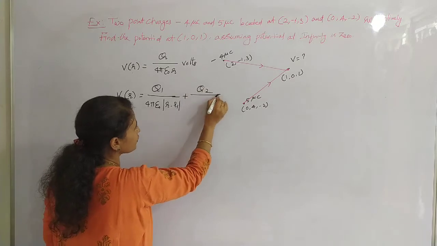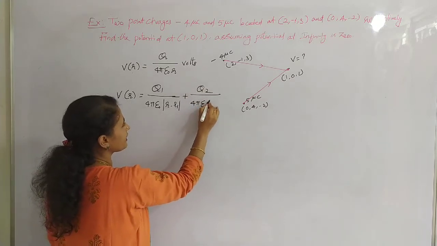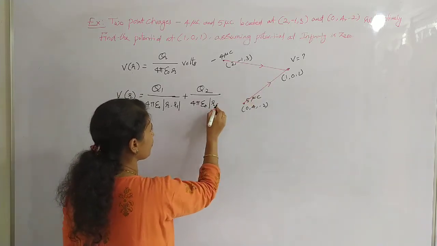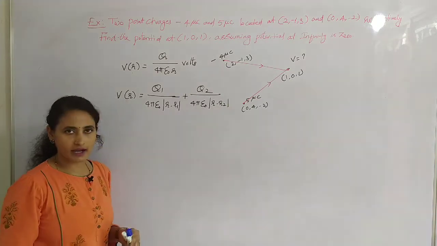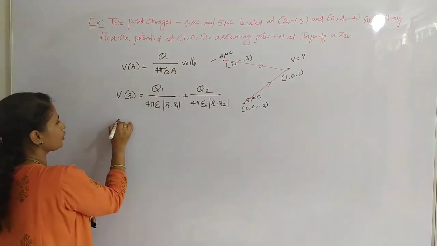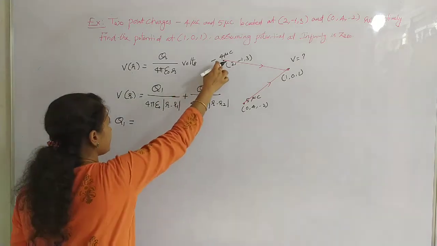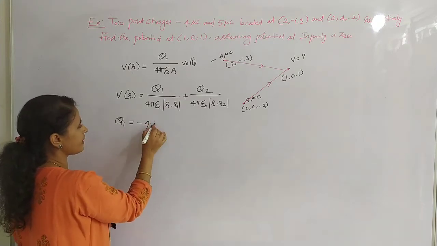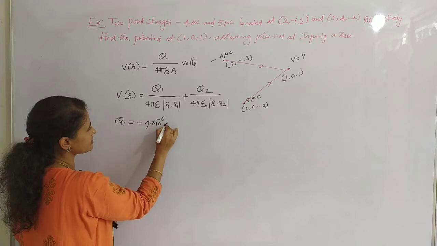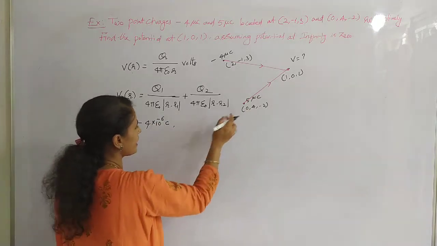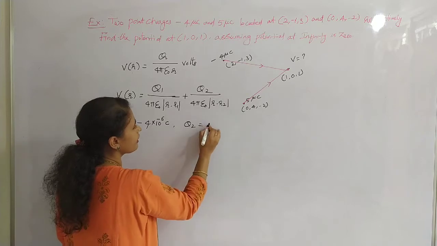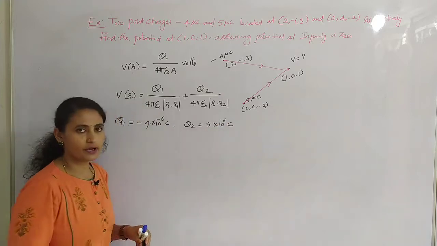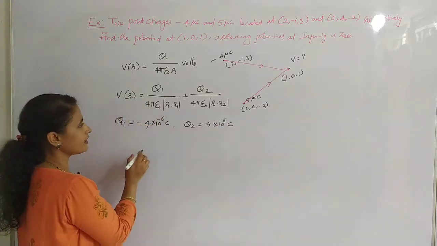The second charge Q2 by 4 pi epsilon naught, with the magnitude of the difference of distance between these two points being r minus r2. We know that Q1 is -4 into 10 raised to -6 coulombs, and the second charge Q2 is 5 into 10 raised to -6 coulombs.